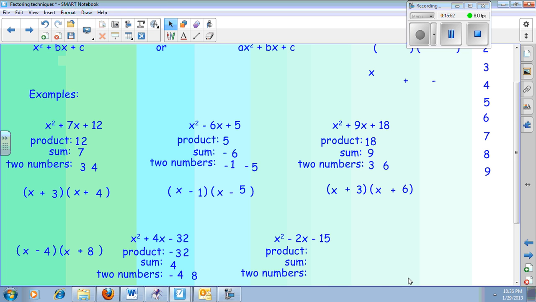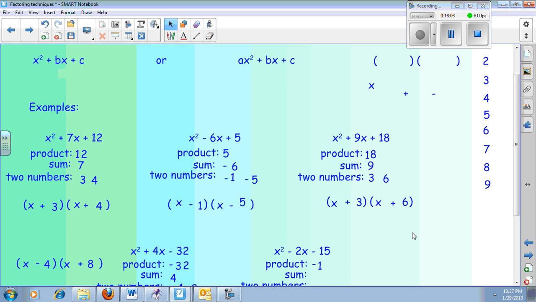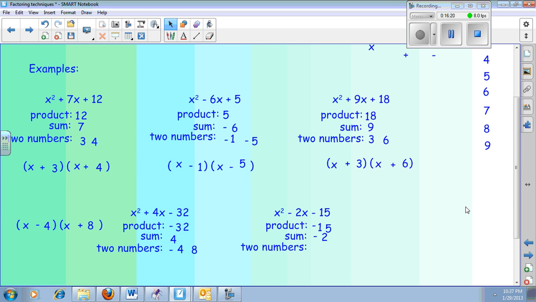Now, this other example, both parts are negative. So now we have a product of negative 15 that we'll be looking for. And our sum will be negative 2. So now we have to think about two numbers that multiply and give us negative 15, but add together to give us negative 2.